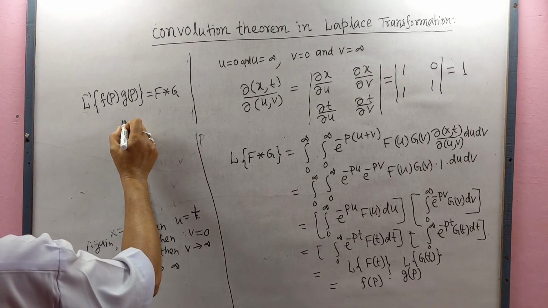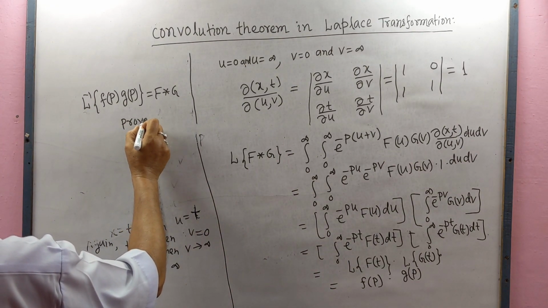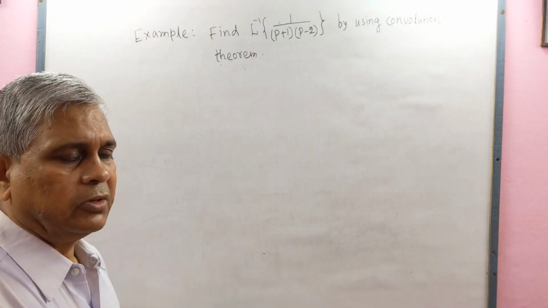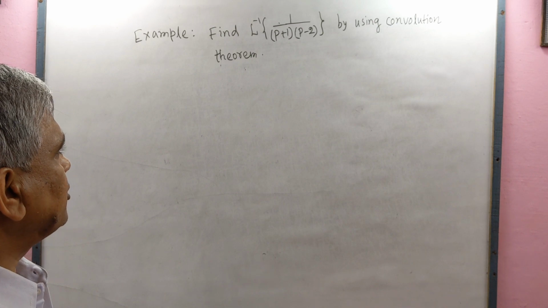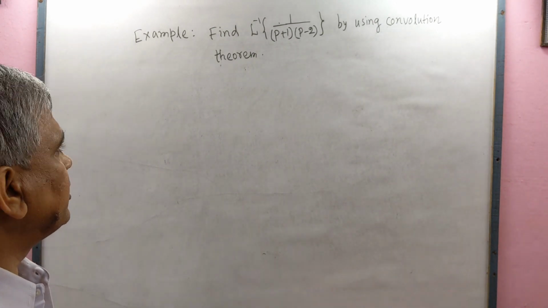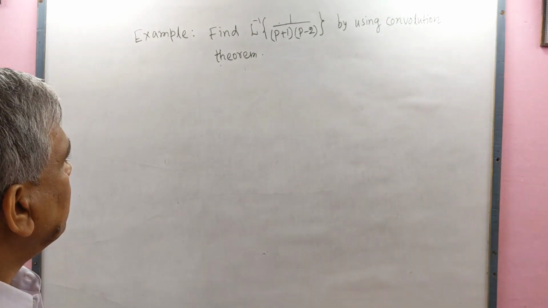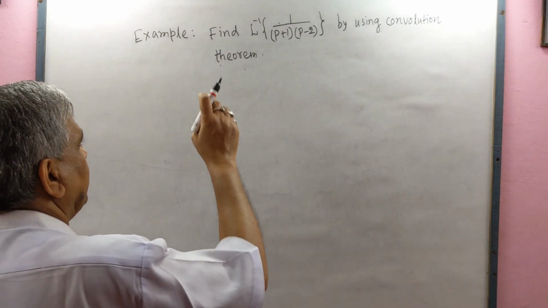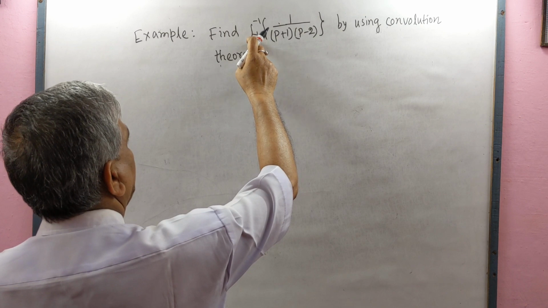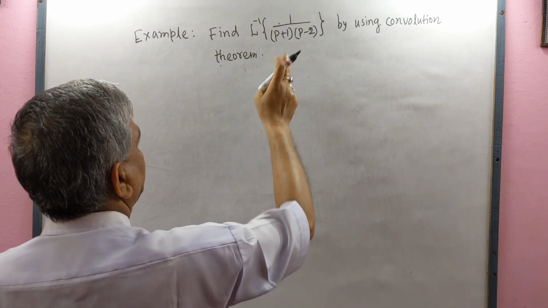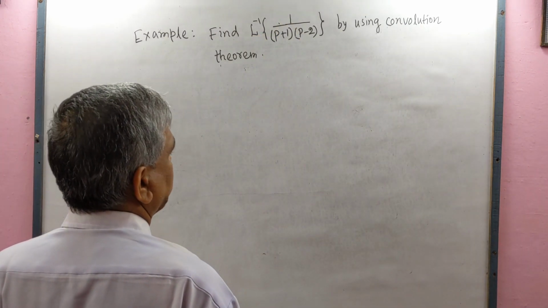Hence proved. Now we solve a problem of inverse Laplace transformation by using the convolution theorem. Here the problem is to find L inverse of 1 by (p plus 1) into (p minus 2).